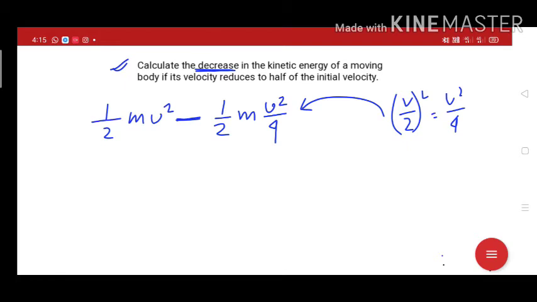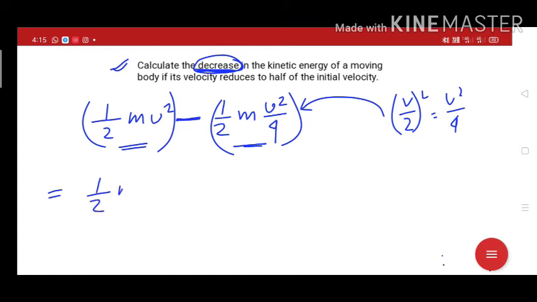Because they are asking for the decrease. So we need to calculate the difference between the final and the initial. So we are doing the subtraction. So half m v square minus, we can write half m v square into 1 by 4. We just separate this 1 by 4 from the actual formula.